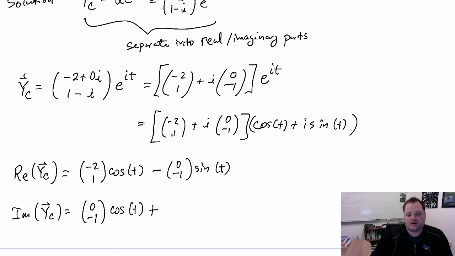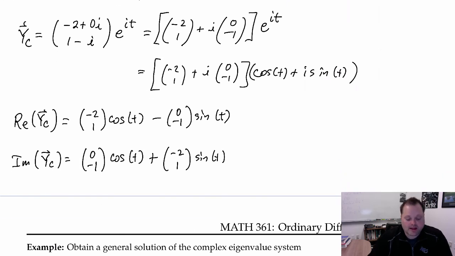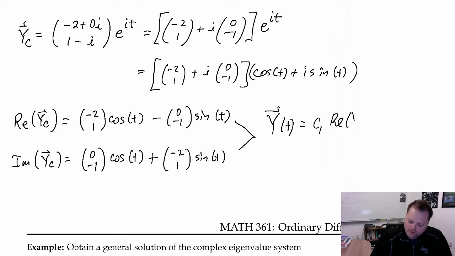So you've got the -2, 1 times sine t, that'll be multiplied by an i. So there's my real part and my imaginary part, and by the previous theorem, my solution y of t is simply a linear combination of that real part and the imaginary part.